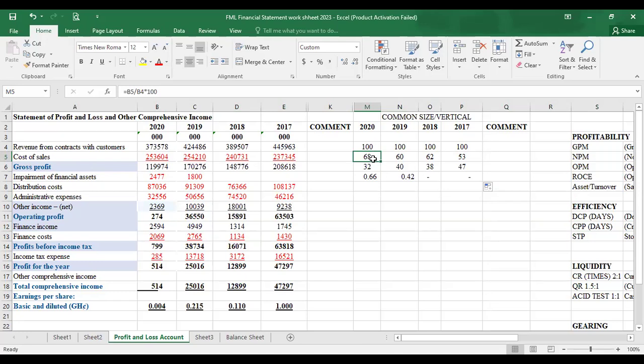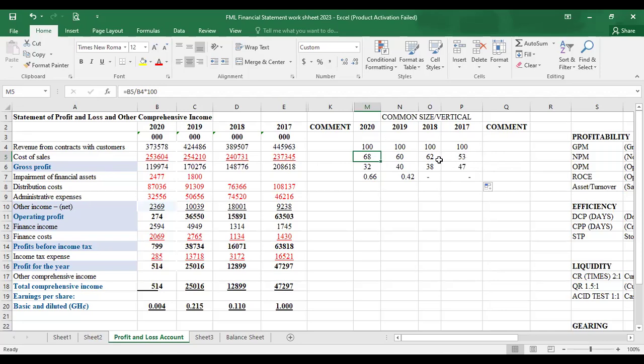As a business, bad. Your cost of sales taking that much of your revenue, it's bad, yes. So with the cost of sales, when you're expressing it as a percentage of the revenue, the lower, the better. And then we can see that in 2017, it was 53%, which, based on the 4 years, is the best amongst the 4.